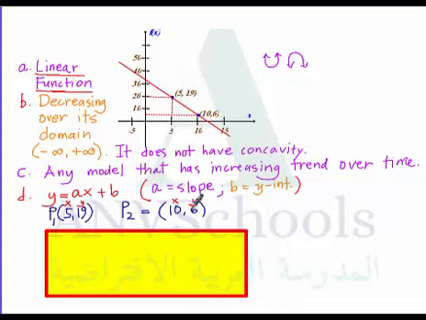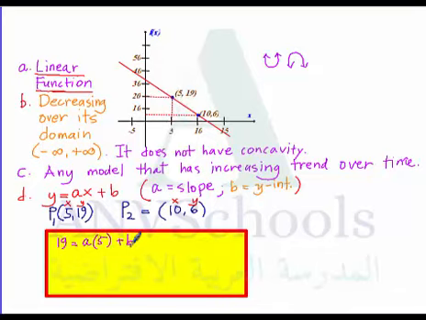So the first thing that I will have to do is to substitute the x and y of this point into the general form of a line, which is y = ax + b. So let us try that one. So we have 19 = a times 5 plus b.